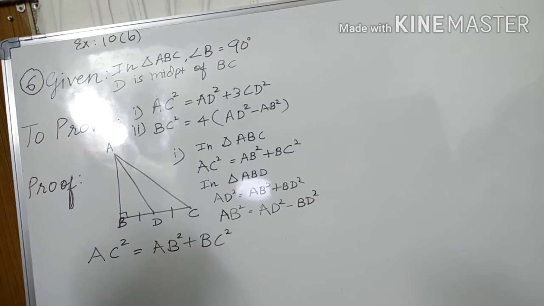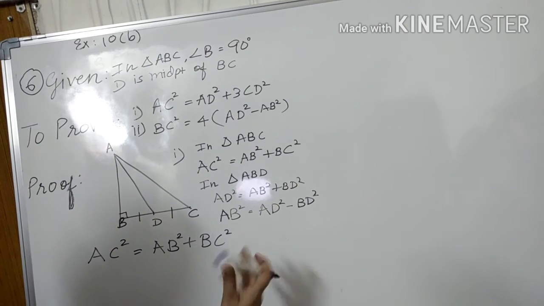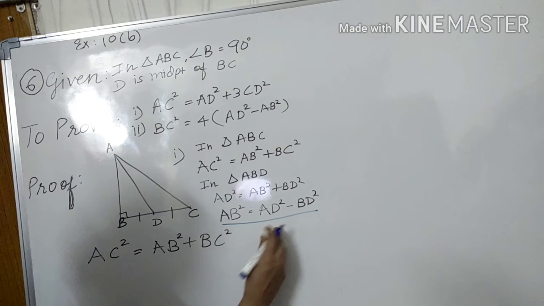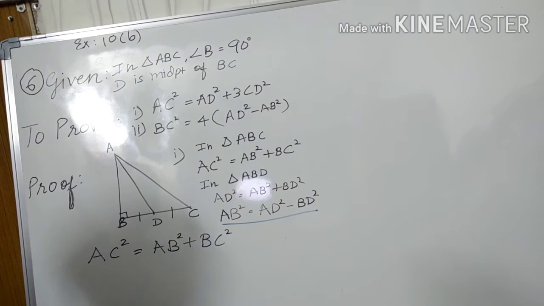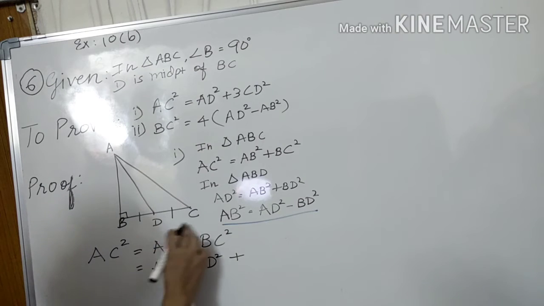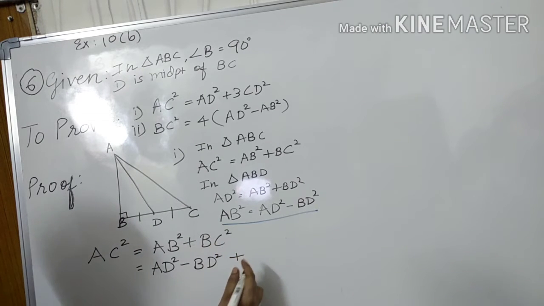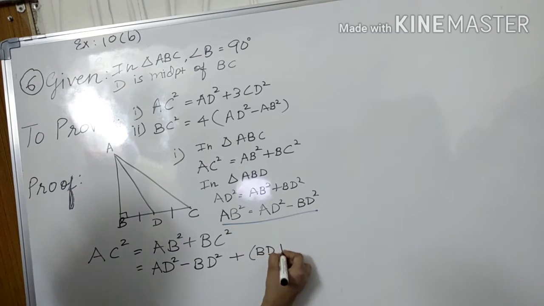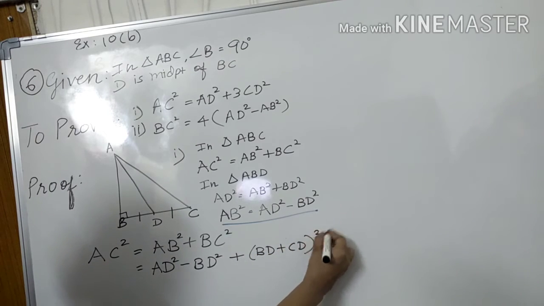Now this result, which we have written earlier, that AB square is equal to AD square minus BD square, I will substitute here instead of AB square. So here I am writing, instead of AB square, AD square minus BD square, and instead of this BC we can write BD plus CD whole square.